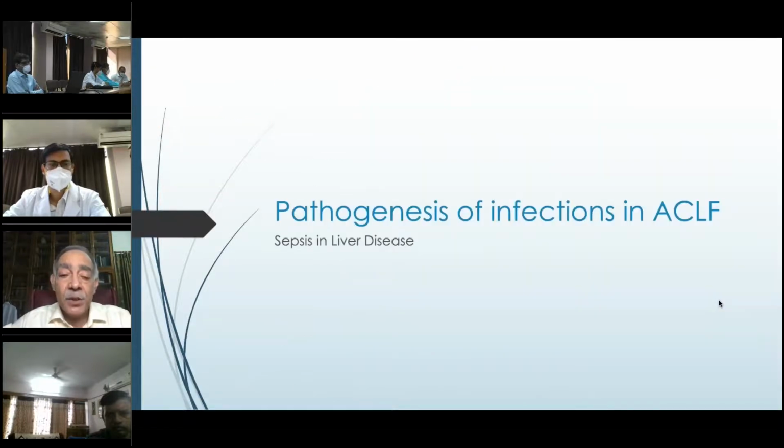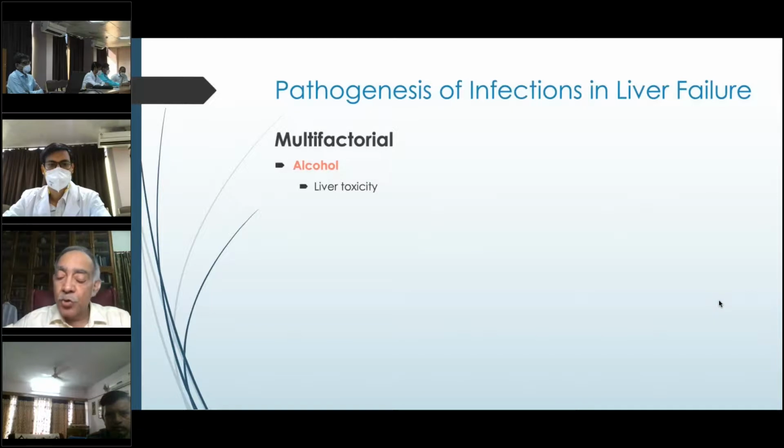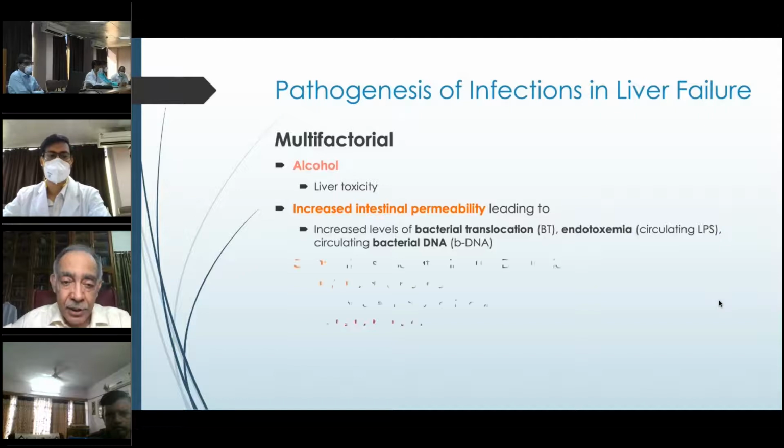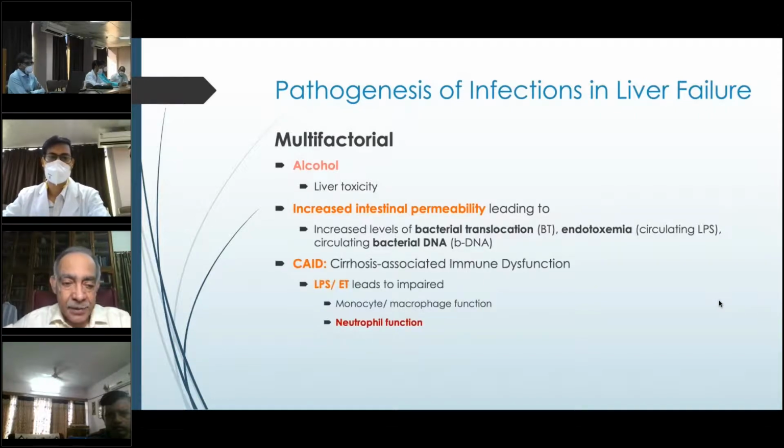Coming to the pathogenesis of infections in ACLF, it is usually multifactorial, as we have talked about, due to hepatotoxicity of alcohol on the liver, due to increased intestinal permeability that leads to bacterial translocation, endotoxemia, other PAMPs, and bacterial DNAs getting into circulation and triggering pro-inflammatory cascades in the systemic circulation, severe SIRS, and this entity of cirrhosis associated immune dysfunction.